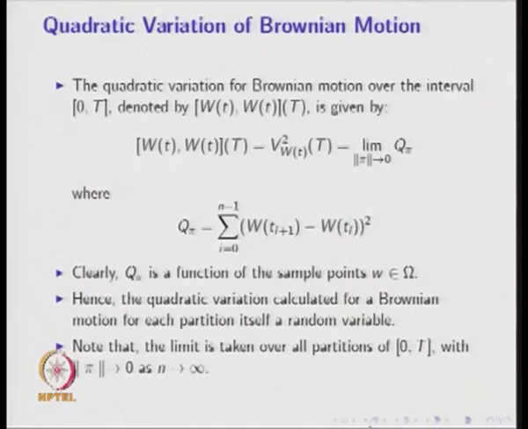Note that this limit is taken over all partitions of 0 to t with the norm of pi tending to 0 as n tends to infinity. Norm of pi is defined as the maximum over i of the length of the interval t i plus 1 minus t i.